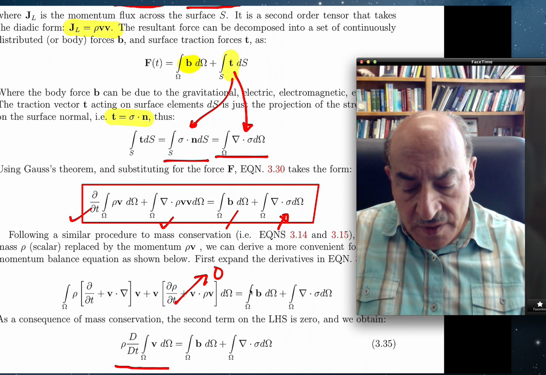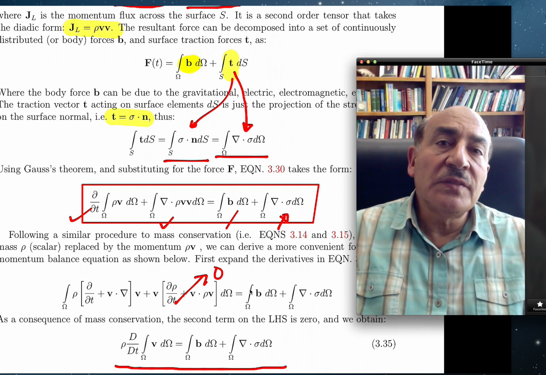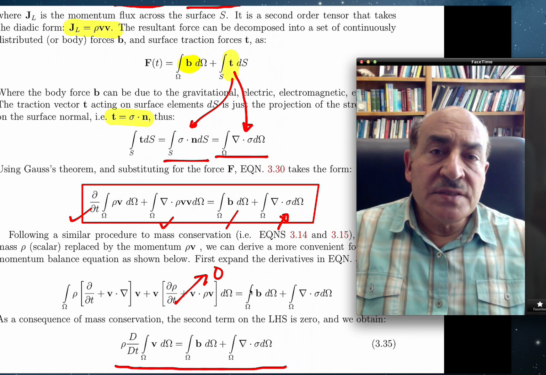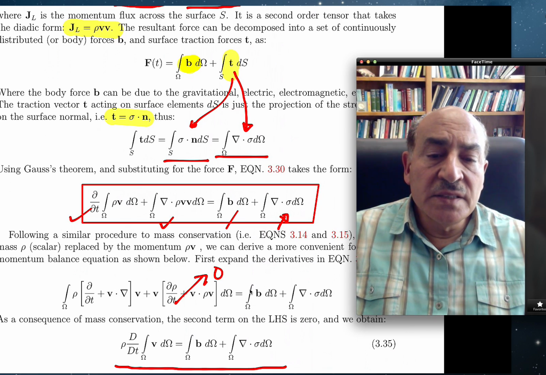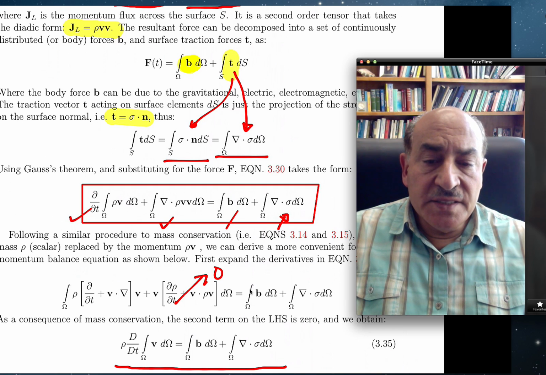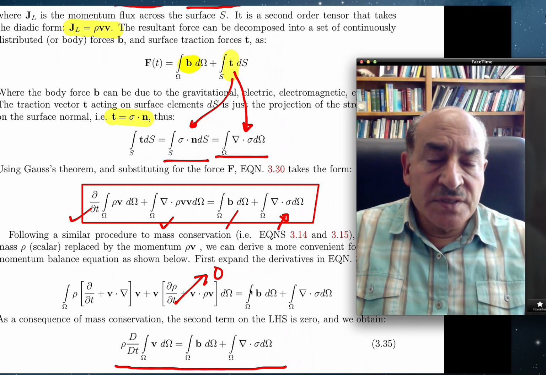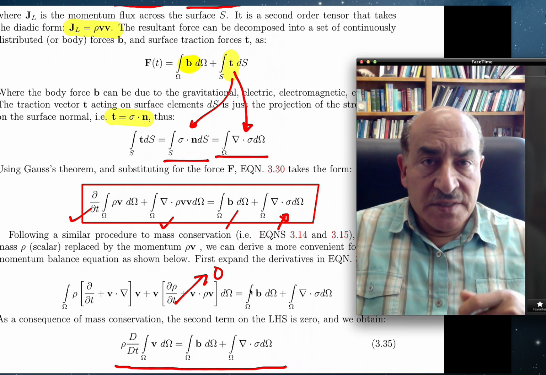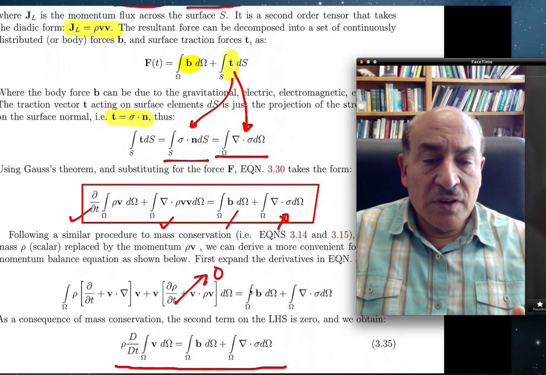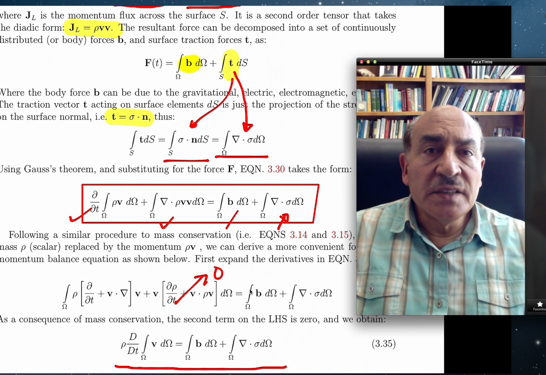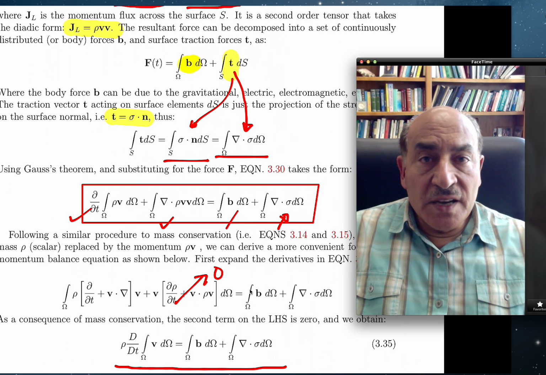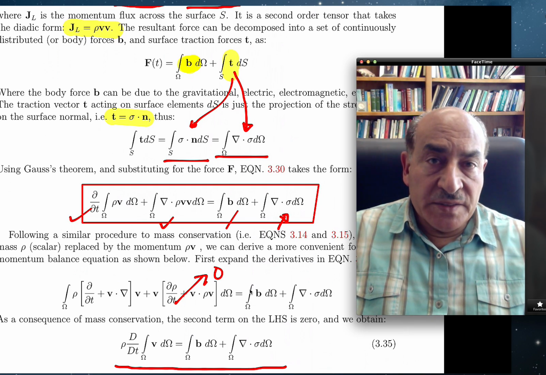Now the weak form of the conservation of linear momentum is given as below here. Rho capital D by dt of v d omega is equal to the body force integrated over the volume plus the divergence of the stress integrated over the volume. So that's the statement of the conservation of momentum.